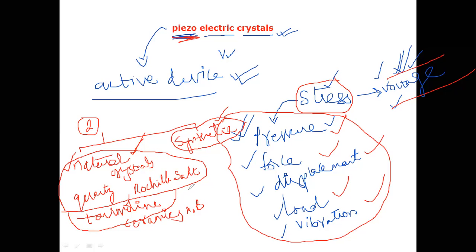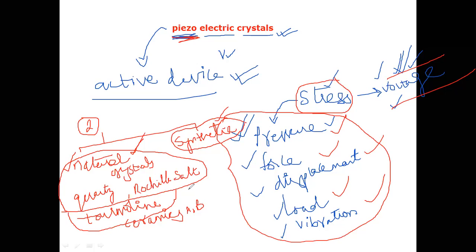Coming to synthetic crystals, as they are manufactured in the labs in a controlled manner, by taking a lot of care, by carefully selecting the materials and treating them with some solutions to eliminate all the impurities, synthetic crystals possess much better piezoelectric properties.